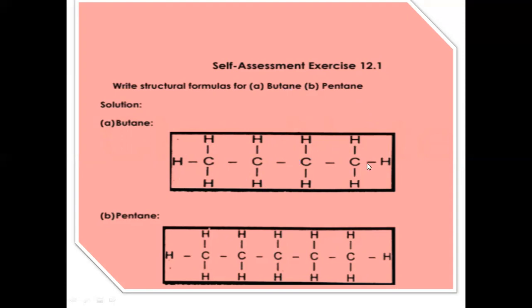So this is the structure of butane. And for pentane, 1, 2, 3, 4, 5, we need 5 carbon atoms, and then the valency of each carbon atom is completed by making 4 bonds. So you can see three hydrogens are present at the terminals, while two hydrogen atoms are present on the middle carbon atoms.